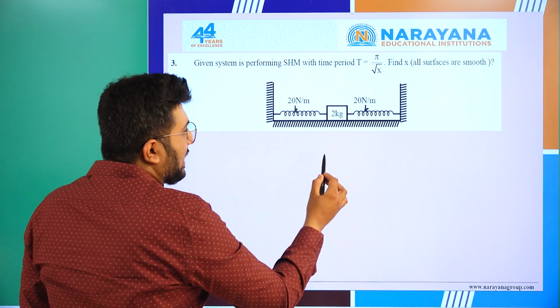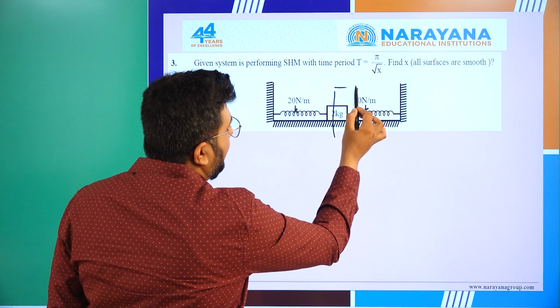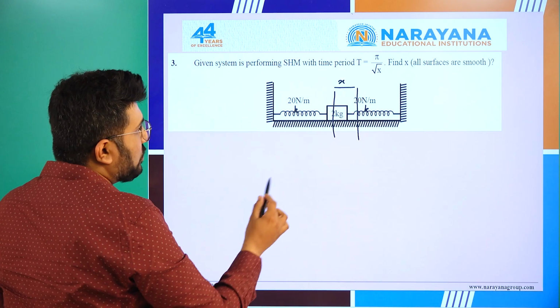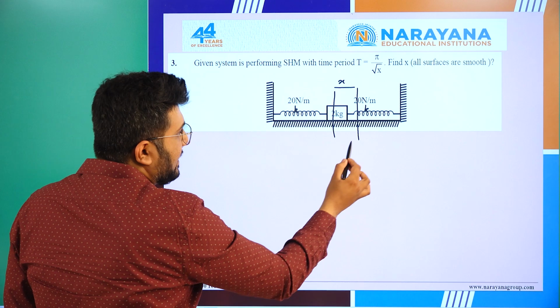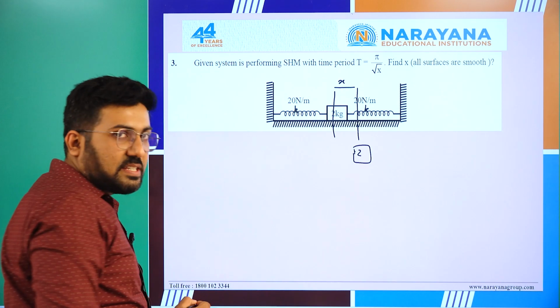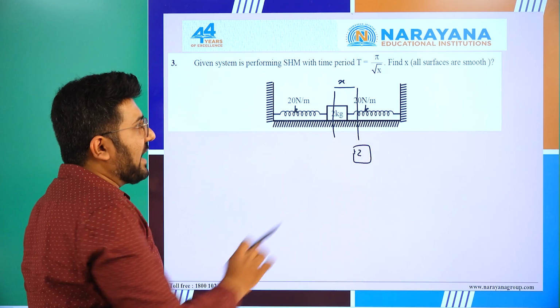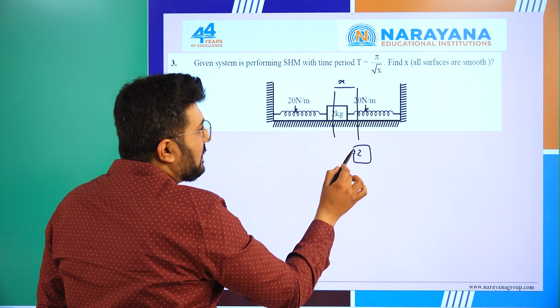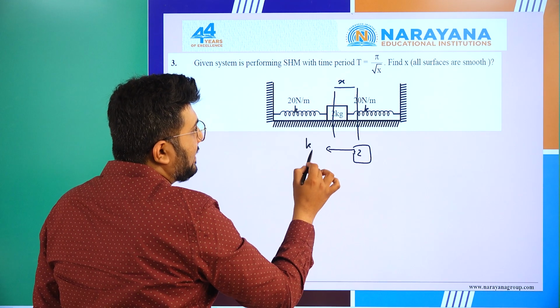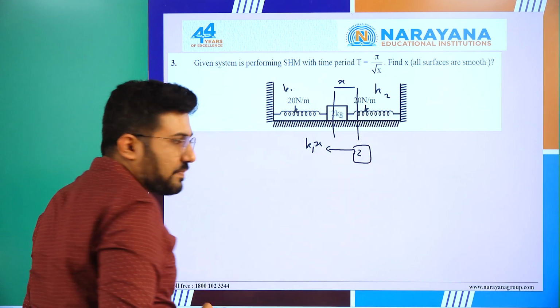So let's draw the FBD of this block if it is displaced by a distance x. So if this is displaced by a distance x, at this position what is the FBD of the block? So this is the 2 kg block. This spring is getting stretched by x. So there will be a spring force K1x, let's call this K1, let's call this K2.